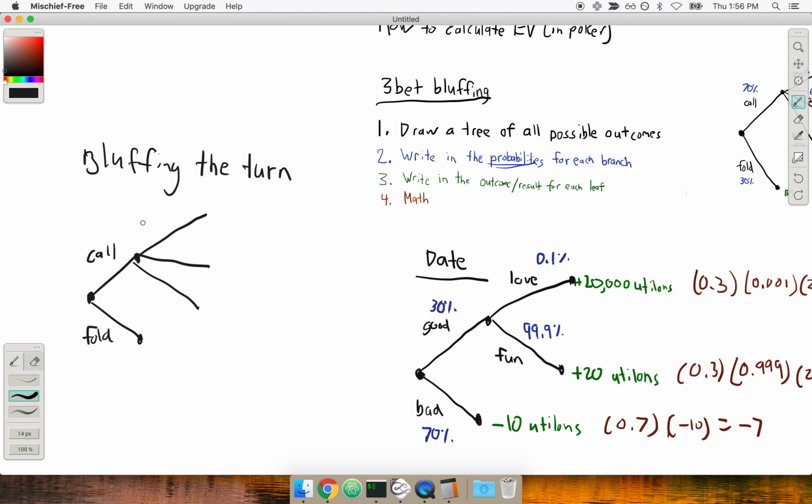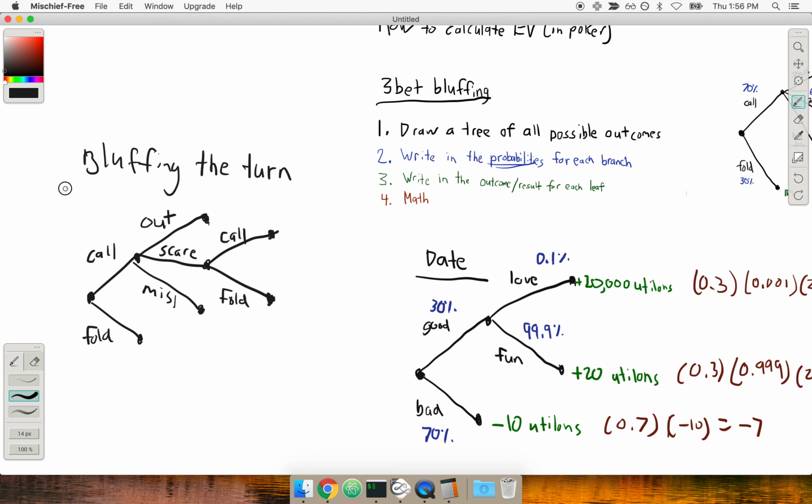Let's say that you hit an out. If you hit your flush draw, let's say you can get a scare card, and let's say that you just miss. And let's say once you miss, you give up. You hit an out, we kind of ended there. You get a scare card, and you're going to bluff again. And once you bluff again, you can get called or get a fold.